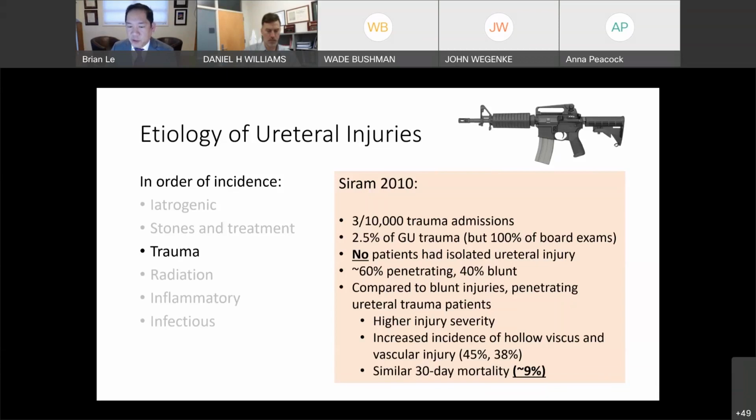They're usually higher severity trauma patients with increased incidence of hollow viscus and vascular injury. Because of that, penetrating trauma is much more likely to be explored than blunt trauma, so you may be consulted during the XLAP itself about the ureteral injury.